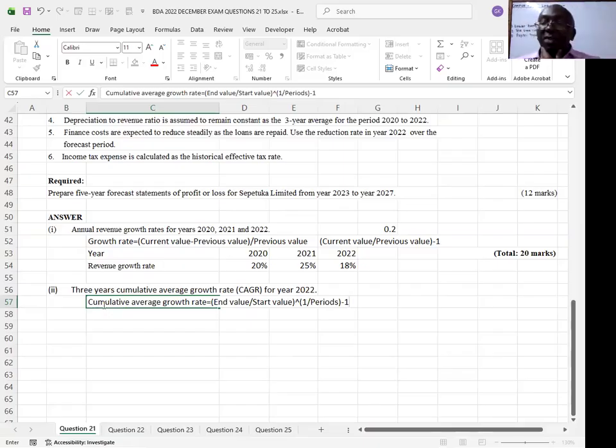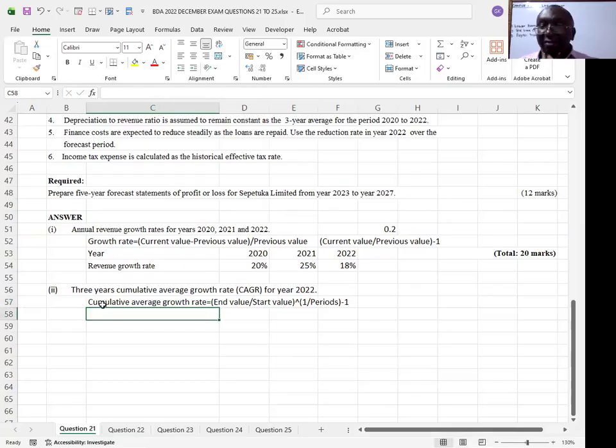This is what we call the geometric average or the geometric mean. The end value divide by start value, then you raise to power. Just look for it in your machine. Different keyboards have it at different points.